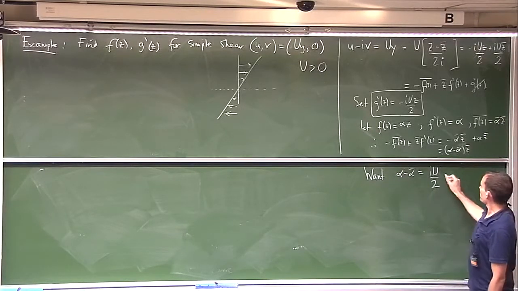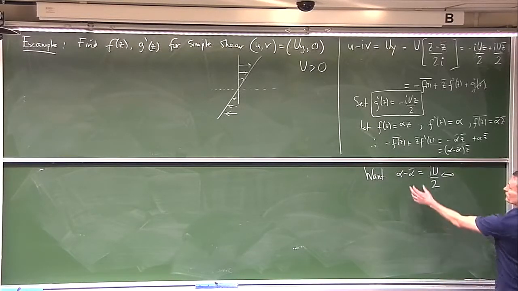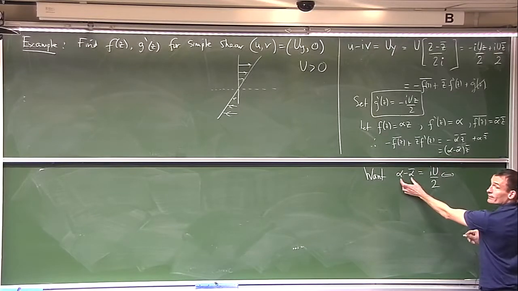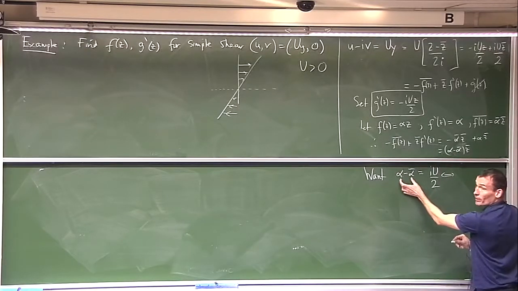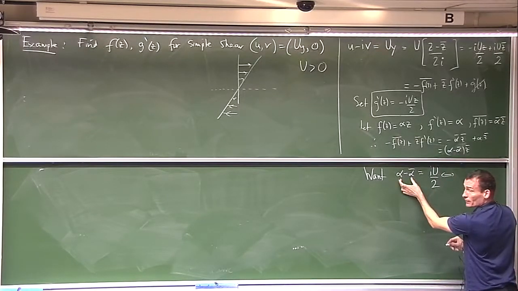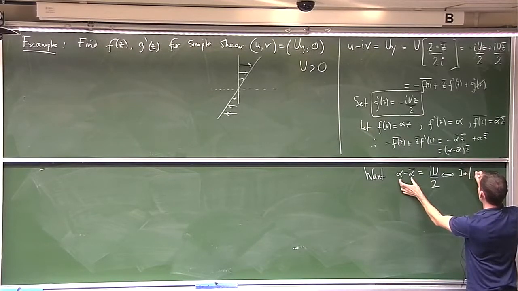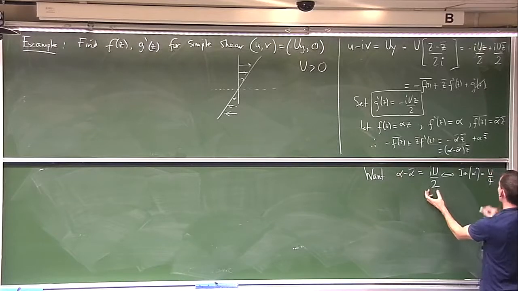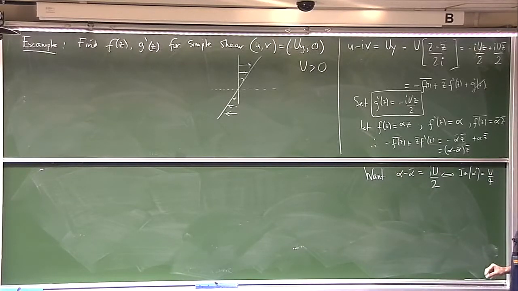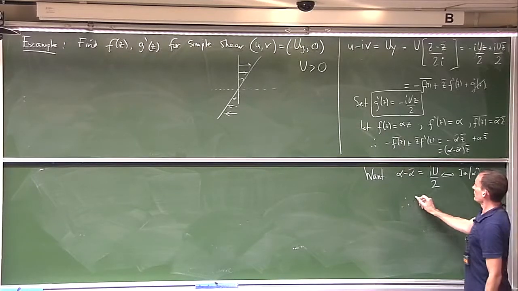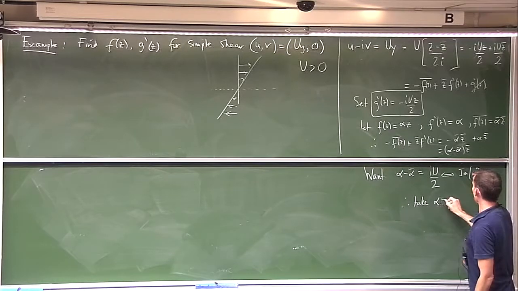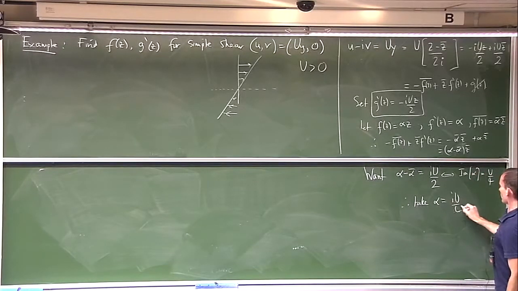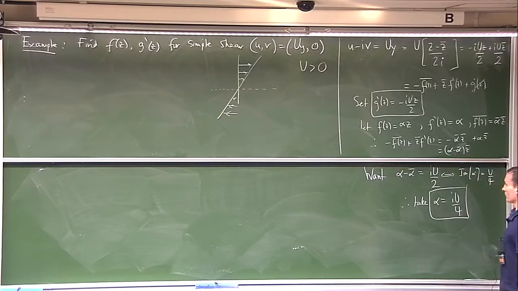So this is equivalent to saying that if we divide this by 2i, it's the imaginary part of alpha. So the imaginary part of alpha, if I divide it by 2i, is U over 4. See? So therefore, take that, that'll do it.